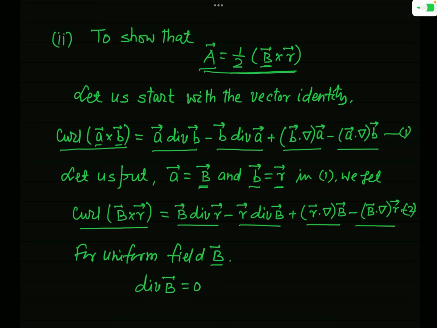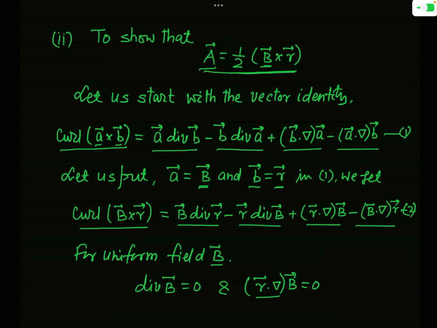Okay. And also you can see this R dot del is also a differential operator. And when this operator is operated on a constant field vector B, again the result will be 0.